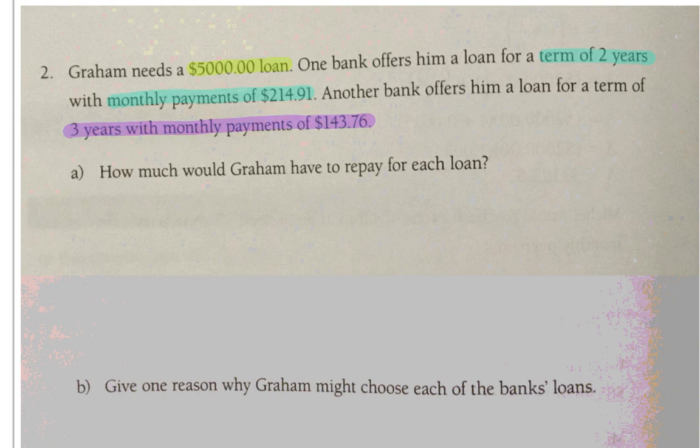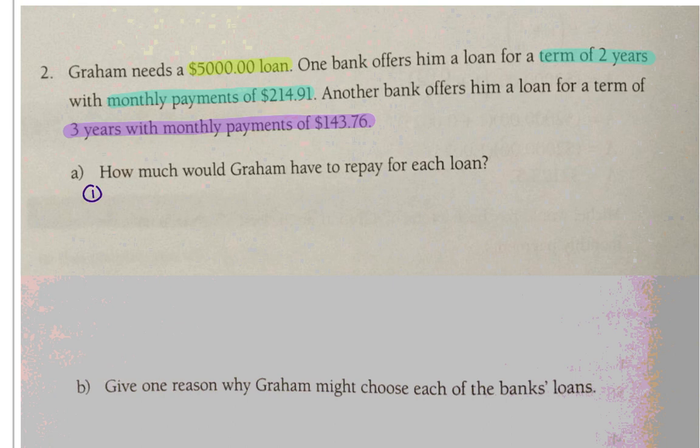Now you will find something similar to this where I'm saying, hey, there's monthly payments. How much does this cost? You will also be told that if you were to buy it cash right now, it would cost this much. But he chooses monthly payments. How much does it cost? Then you need to find out what the interest is, which again is the difference. Okay? So how much would he have to repay for each loan?